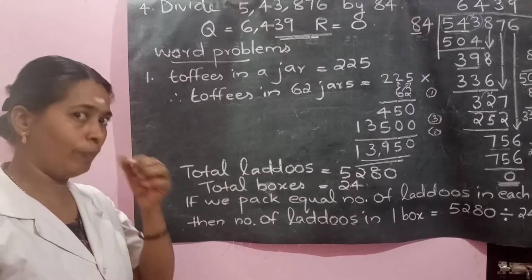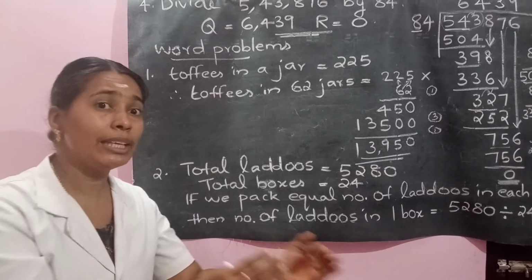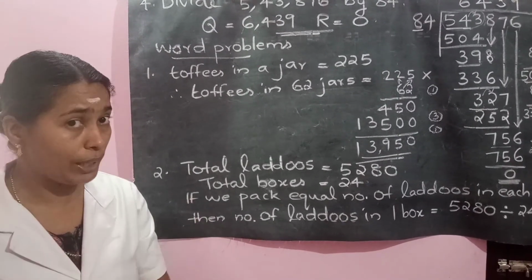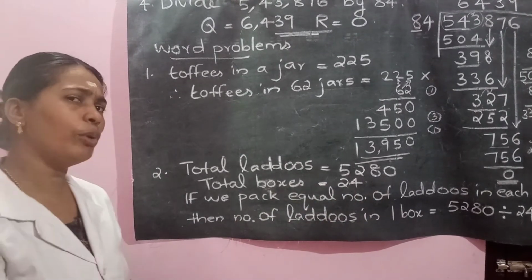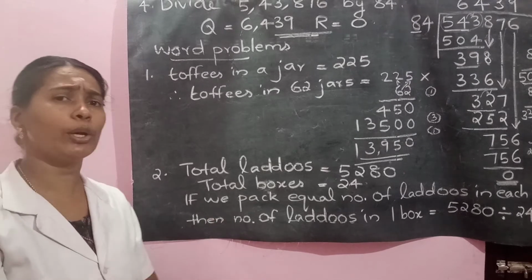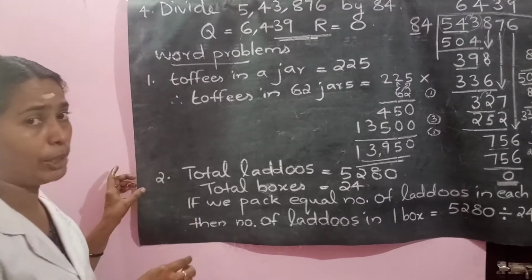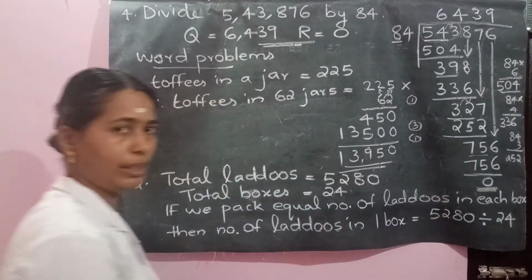They told you to keep an equal number of laddus in each box. Then how do you find the number of laddus in one box? We have to divide the numbers.